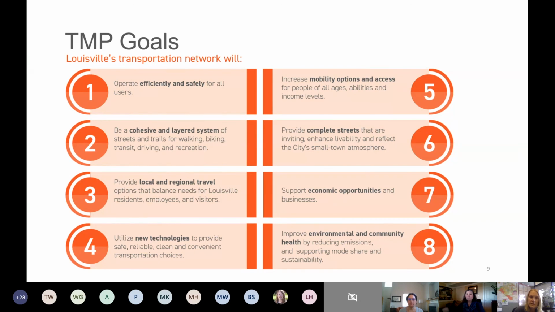We were really interested in increasing mobility options and access for people of all ages, abilities, and income levels. We also were looking at local and regional travel, and also environmental sustainability and community health. So those were some of our key focus areas.